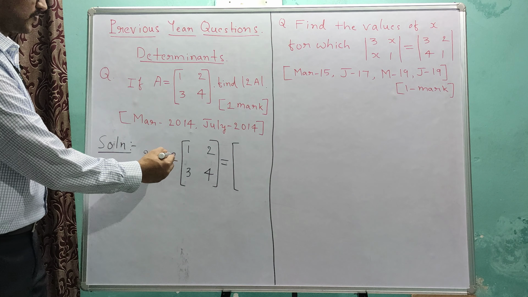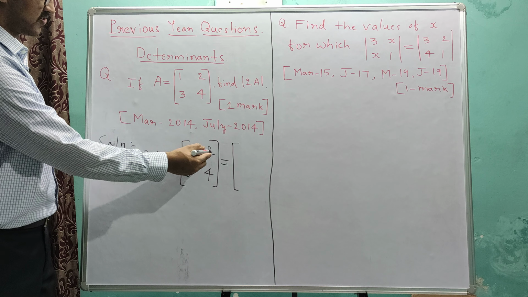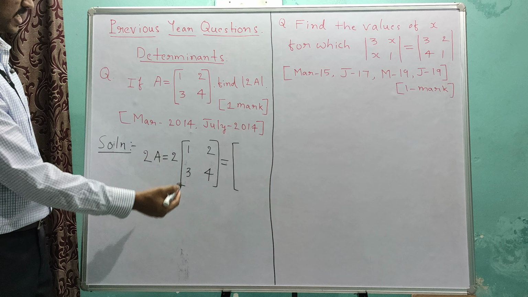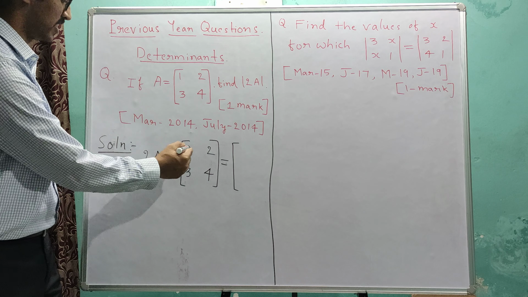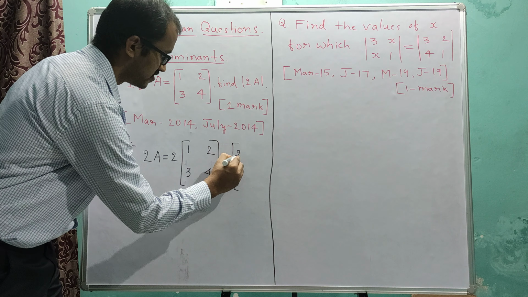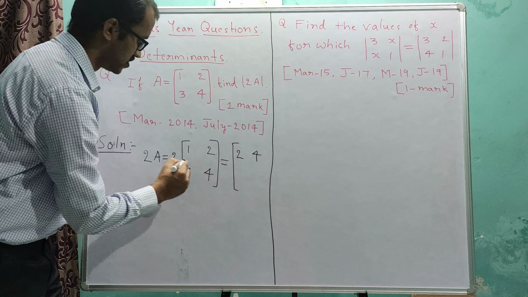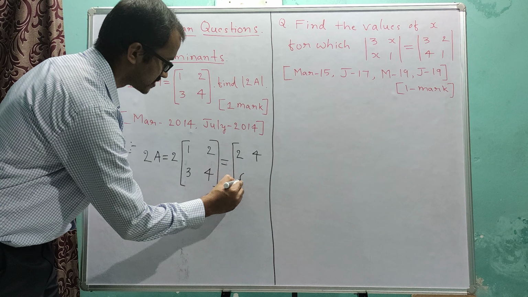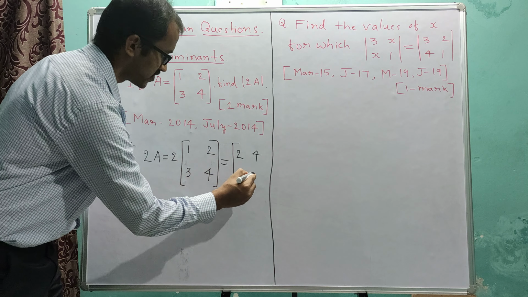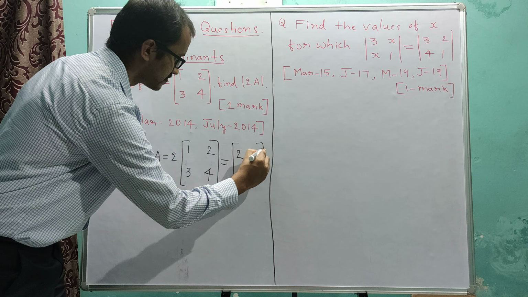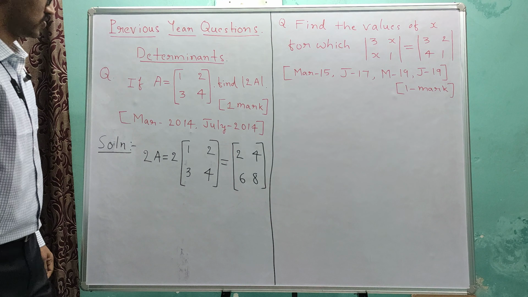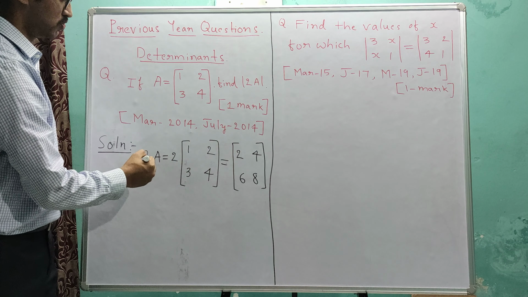So we have to multiply each element of this matrix by the scalar 2. 2 into 1 is 2, 2 into 2 becomes 4, 2 into 3 is 6, 2 into 4 is 8. So this is the value of 2A.